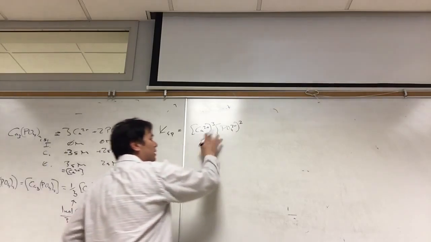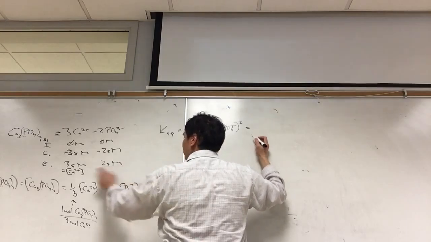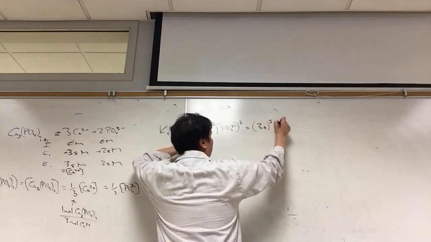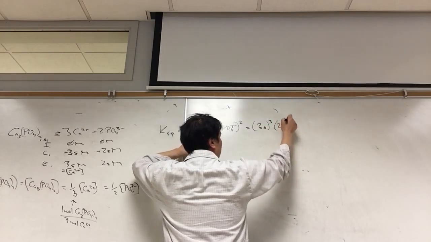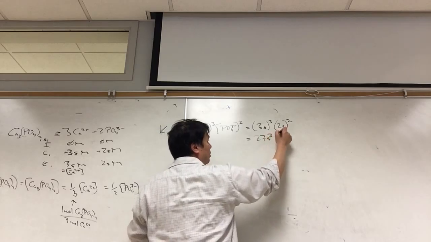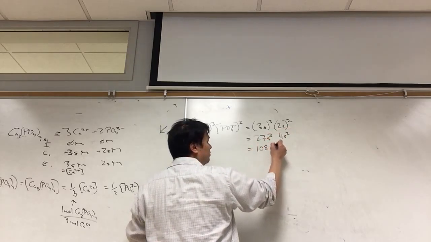And so when we're looking at the relationship here, if we want to calculate the KSP from the solubility, this would be 3s quantity cubed, 2s quantity squared. And so that would be 27s cubed, 4s squared, which would be 108s to the 5th.